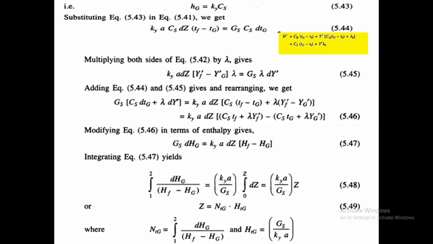NTG is the number of transfer units in gas, HTG the height of transfer unit in gas. Are you clear? Okay, NTG is the integration of 1 to 2 dHg divided by Hf minus Hg. HTG is nothing but Gs divided by Kya. Are you clear or not? Okay. So Z is equal to NTG into HTG, equation number 5.49. Thank you for your attention.